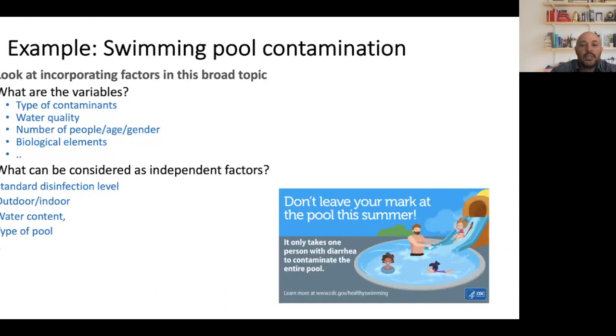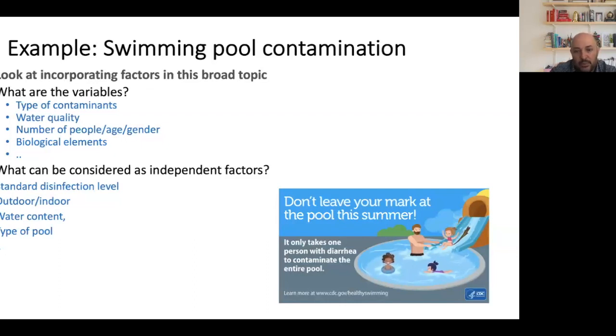You don't really need to do extraordinary work to have innovative and creative research. Just changing a certain element that has not been researched, you can make your own research and make it creative and innovative enough. For example, look at the variables in swimming pool contamination, such as the type of contaminants.